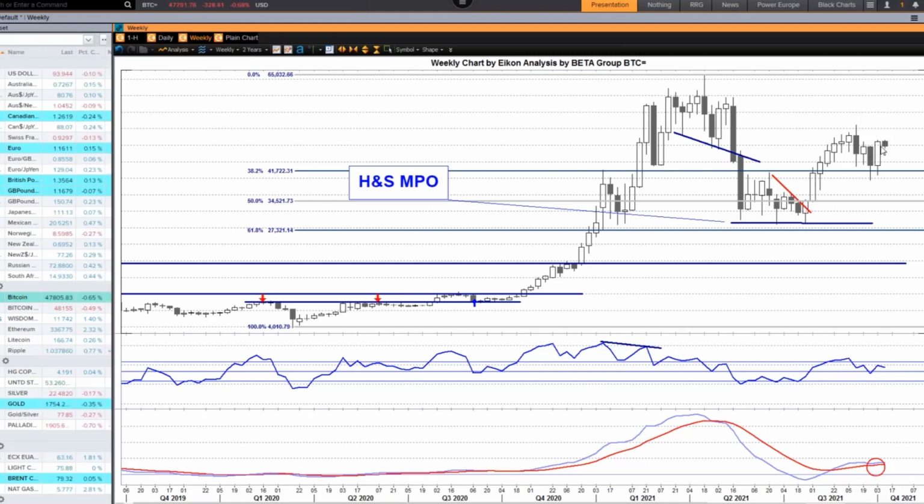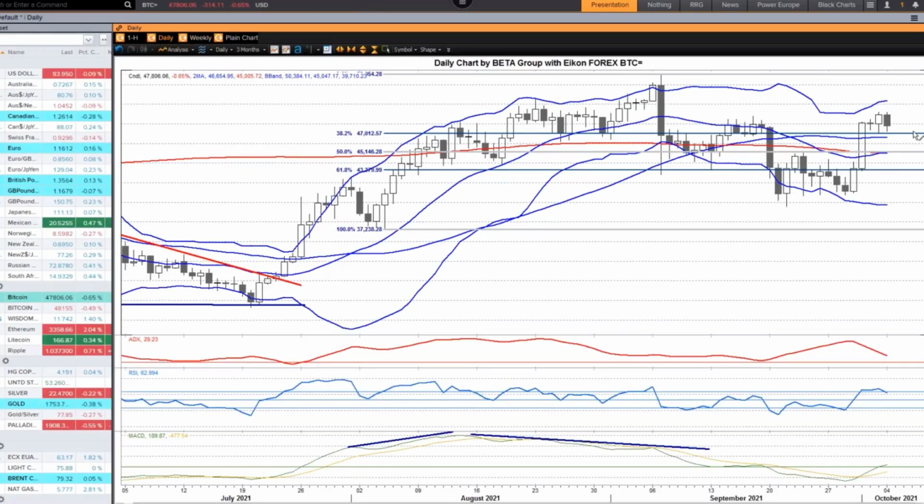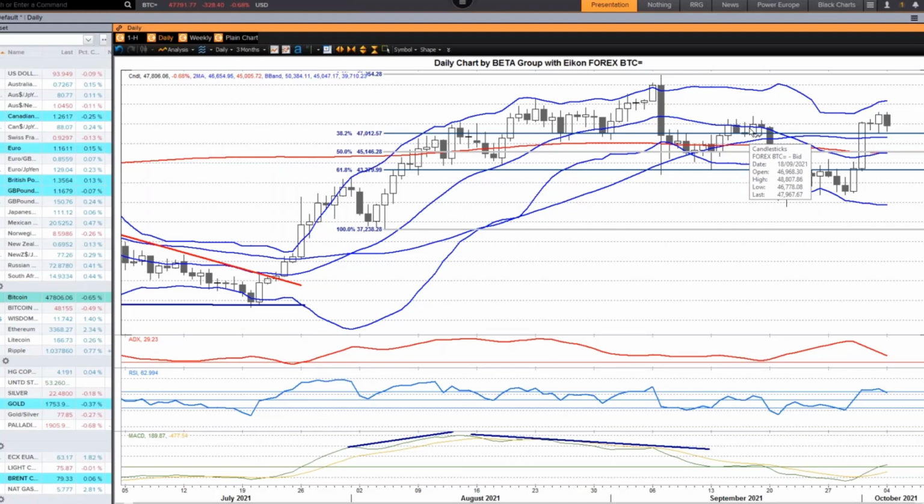But we're close to a breakout point here, and the technicals are looking much improved. So here I take great comfort from the fact that we've managed to hold above this resistance here at the 48,800 area. That's supportive for us now. Lots of other support levels below, and the resistance is quite light at 52,948.